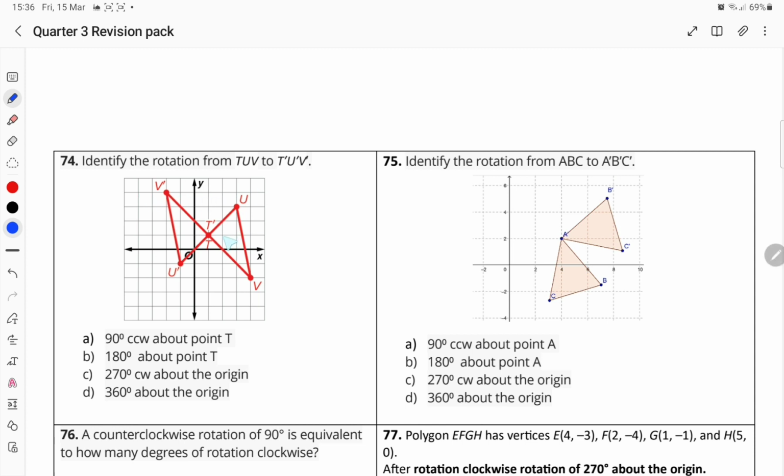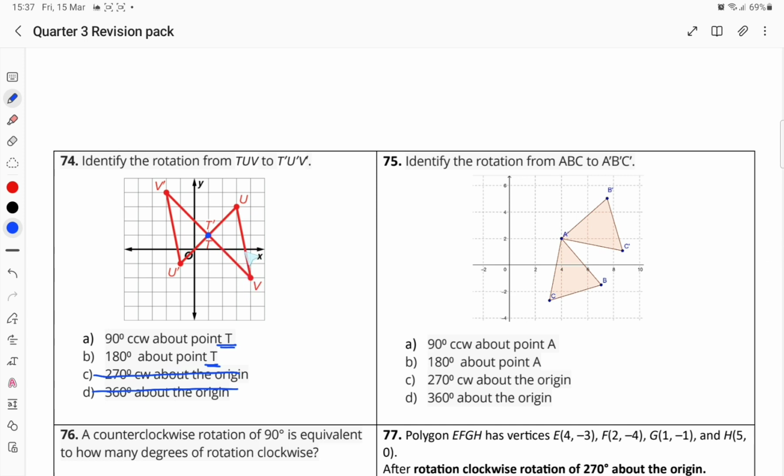So 74. Identify the rotation from T, U, V to T prime, U prime, V prime. Here is the common T. As long as the T is common between the two images, this is rotation about the point T, not about the origin. Very good. And what happened?